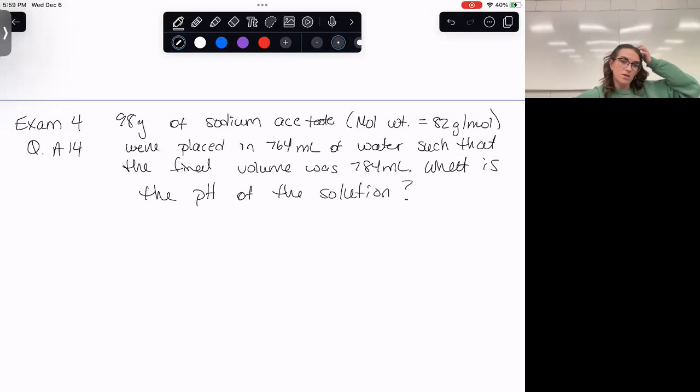For this one, it writes out 98, but whatever. 98 grams of sodium acetate were placed in 764 milliliters of water, such that the final volume was 784 milliliters. What is the pH of the solution?